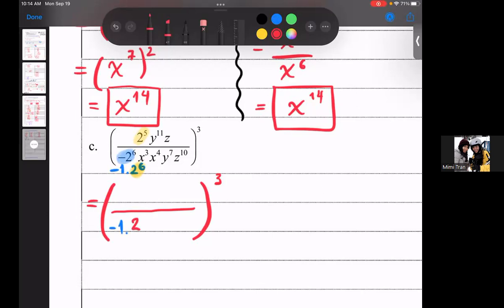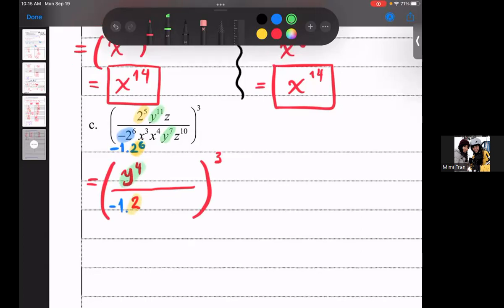What about y to the 11 and y to the 7? Y to the 4 up here. Oops, keep it in red. Y to the 4. And then, let's talk about x.